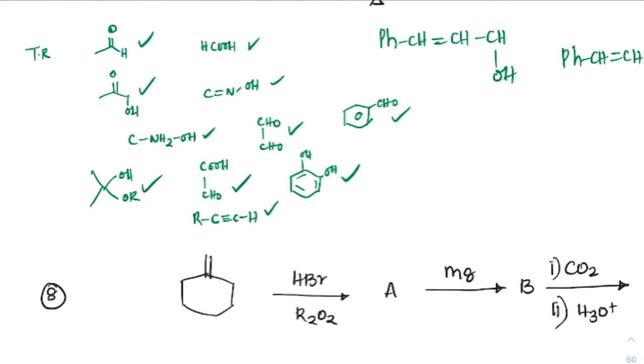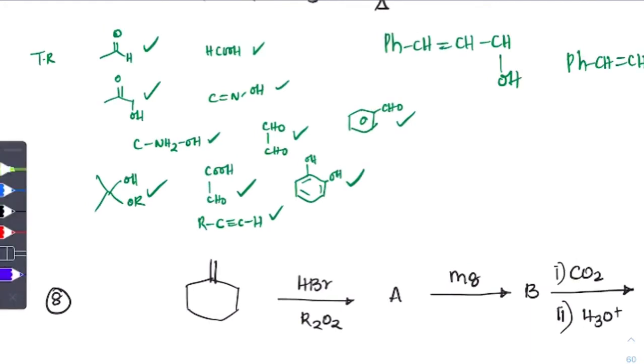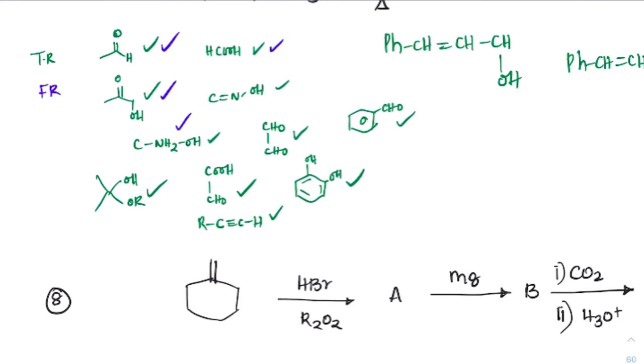Tell me about Fehling's also, quickly. Okay, so I'll take another color. This is Fehling's test. Fehling's reagent: first one yes, second one yes, third one yes. This one is yes. This one is yes. This one is no. This one is yes. This one is yes. What is the color here with Fehling's? Red. Good.